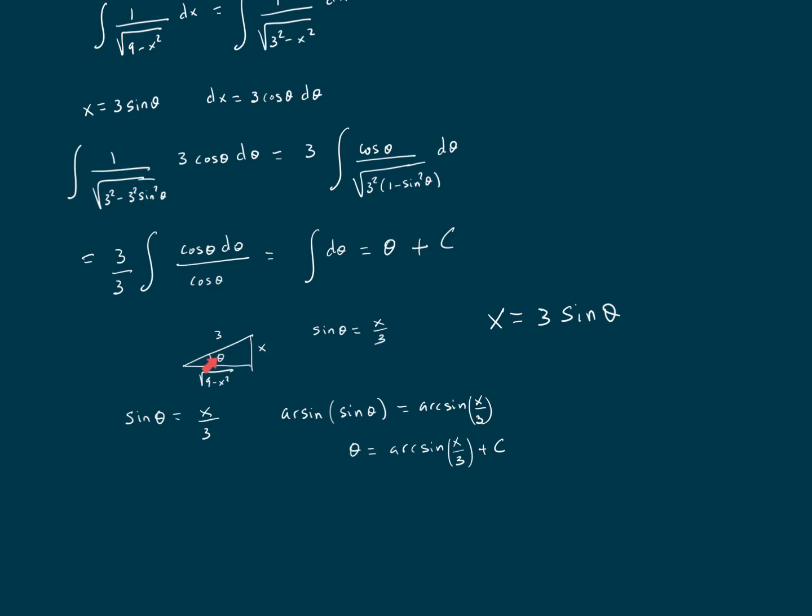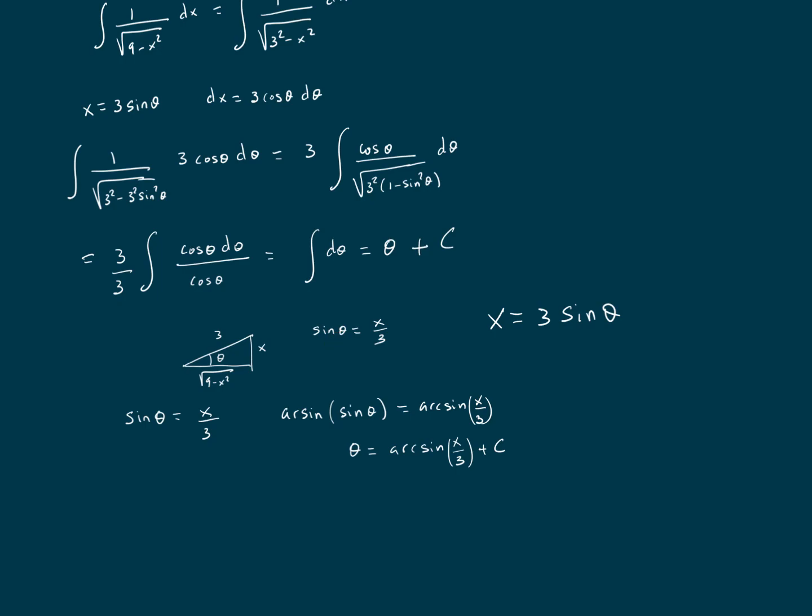Now, if this is the hypotenuse and this is one of the sides of the triangle, Pythagoras' theorem says that the length of the other side will be the square root of 3 squared minus x squared. Sine of theta is x divided by 3, and I don't need this triangle here, but we will use this kind of triangle in the next problem.